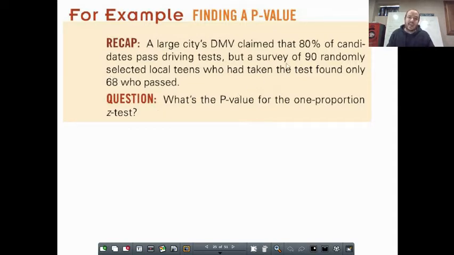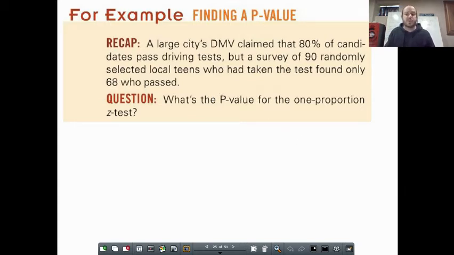So if you do 68 divided by 90, that's actually going to give you 75.5 repeated, which we can just round to 75.6 or something around there. So let's go ahead with that in mind. We're looking at this question saying, what's the probability that our sample would only be a 75.6% passage rate if it actually were supposed to be 80%? What's the p-value, the probability that that sample would occur?